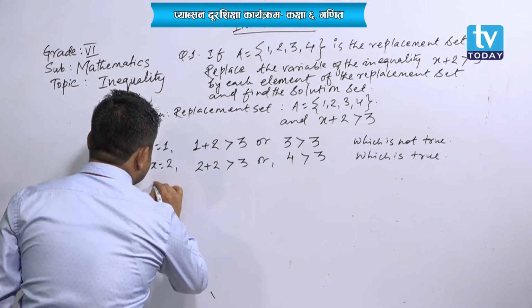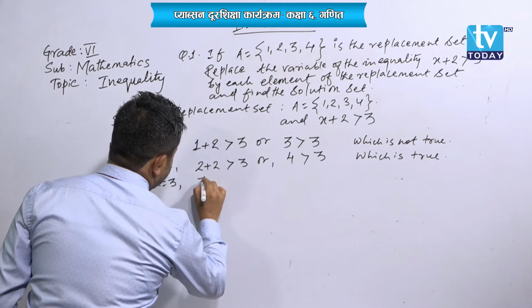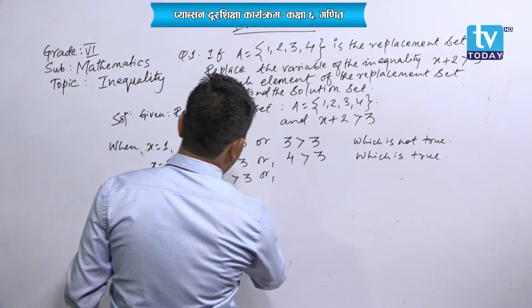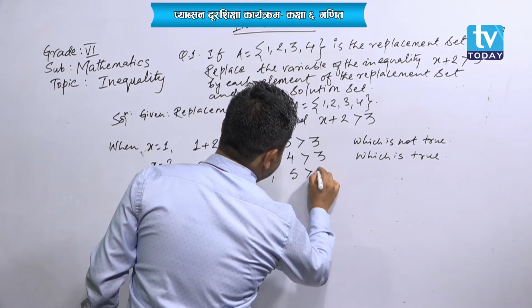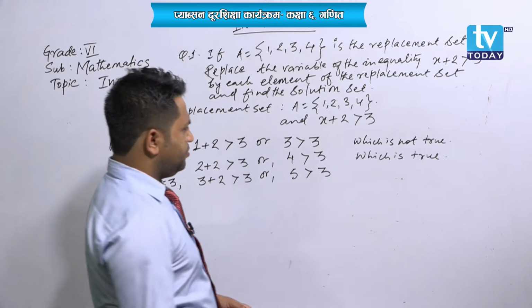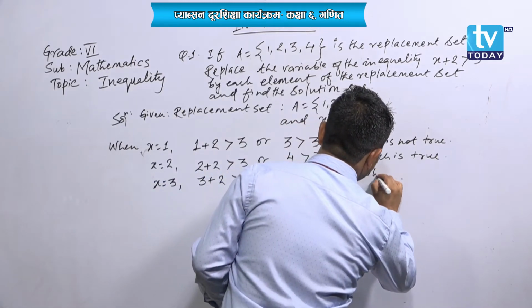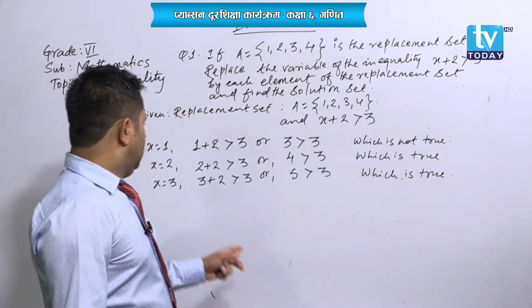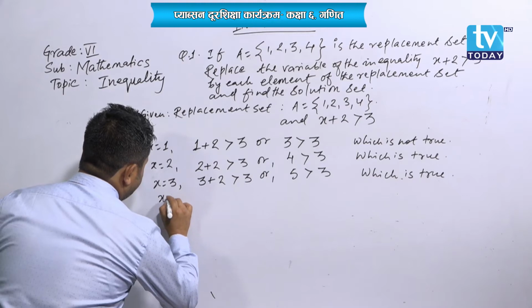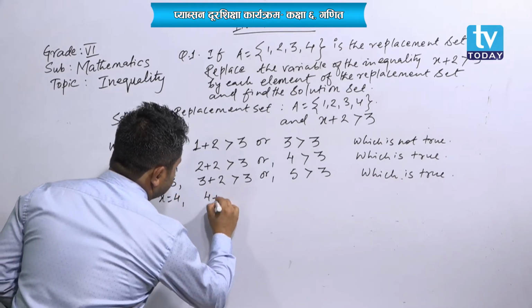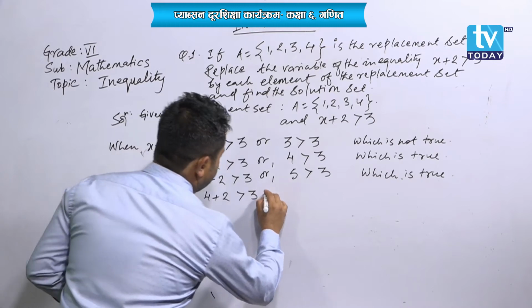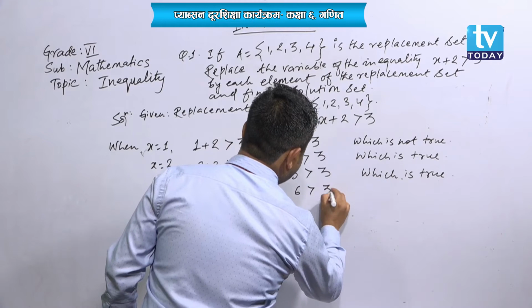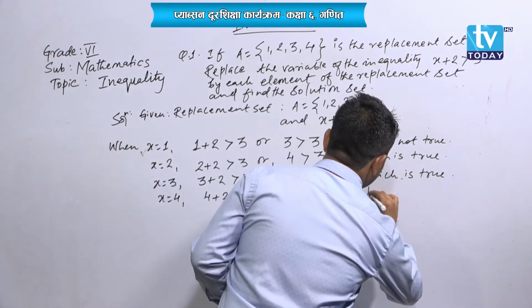Similarly, when x equals to 3, 3 plus 2, or you can write 5 is greater than 3, which is true. Is that clear? Similarly, when x equals to 4, then 4 plus 2, 6. 6 is greater than 3, which is also true.